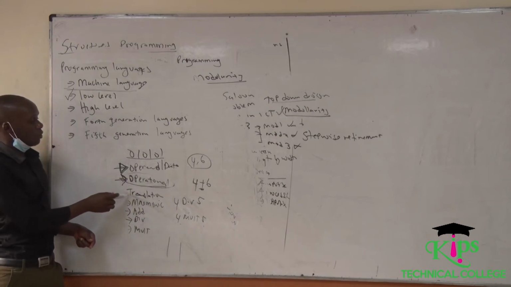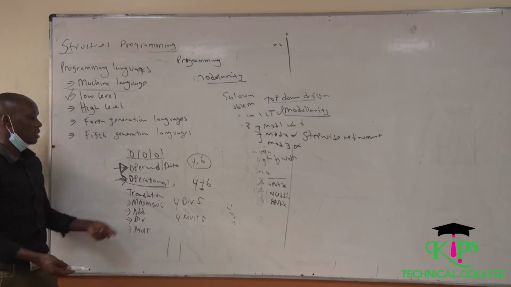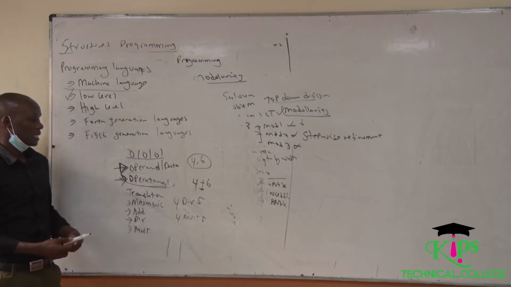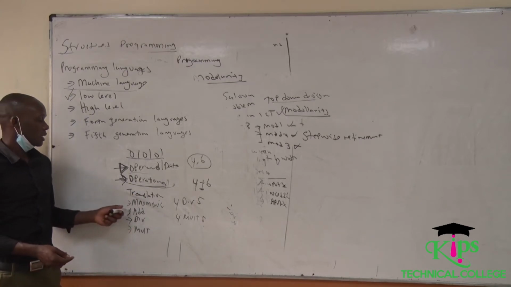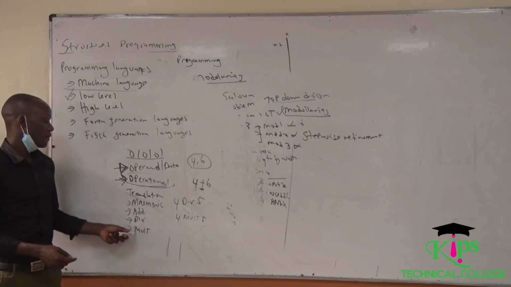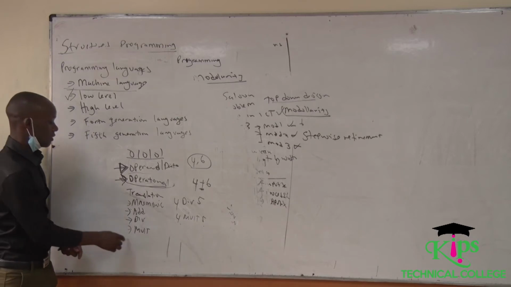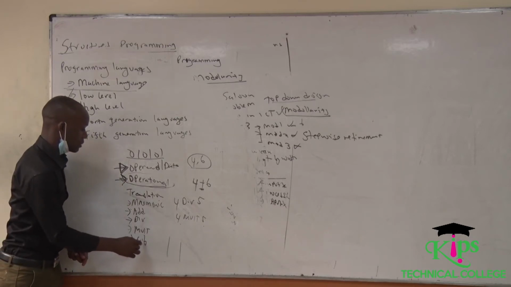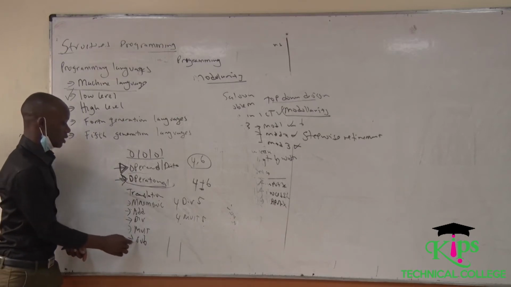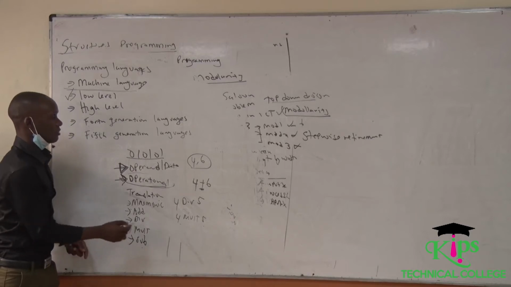A mnemonic is basically a keyword that has a predefined meaning and function which the hardware will understand. Examples of mnemonics are add to add numbers, div to divide numbers, and mult to multiply numbers. If you want to subtract, I can say sub, to calculate the difference.